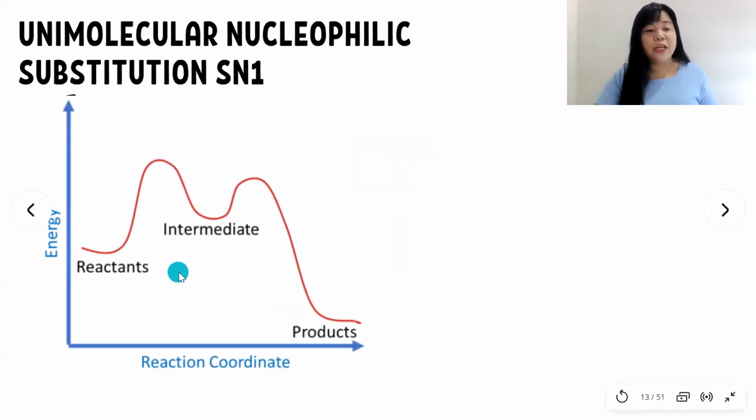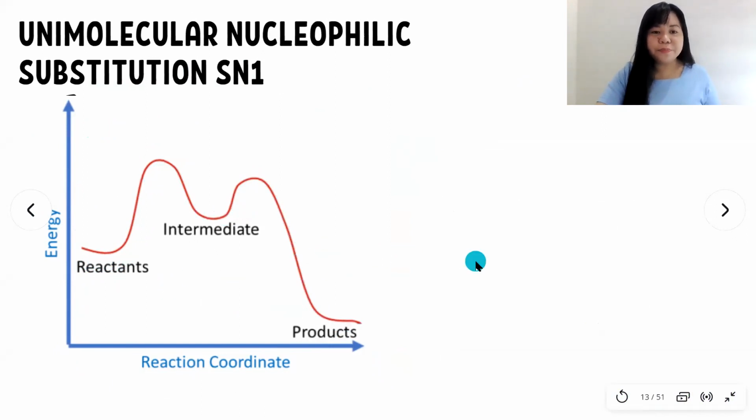In terms of energy for unimolecular nucleophilic substitution reactions, let's take a look at this graph. As the reaction progresses, the energy of the reaction mixture follows this pattern.